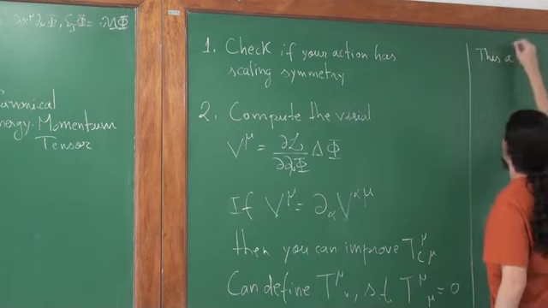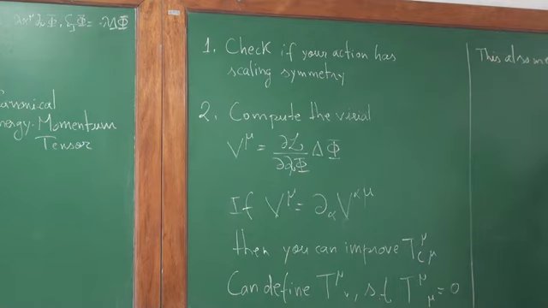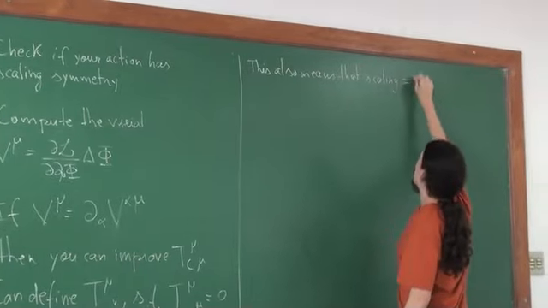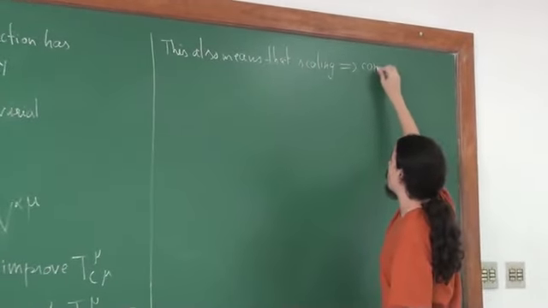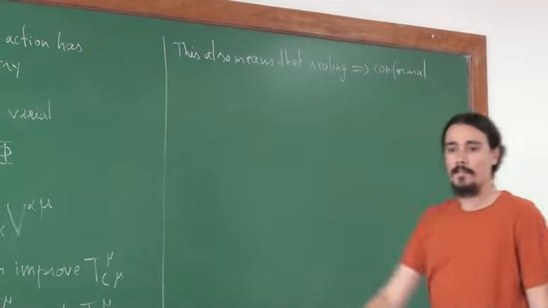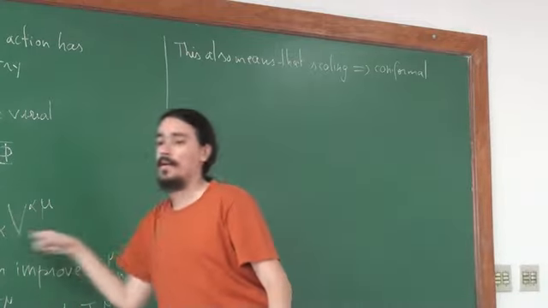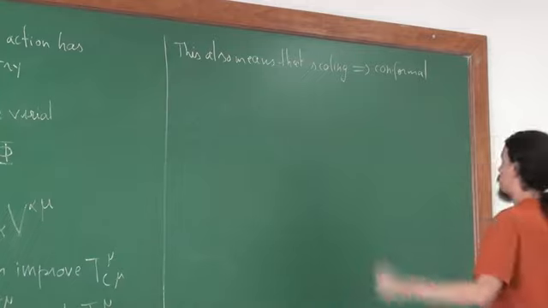This also means that scaling symmetry implies the full conformal symmetry, if you can indeed write the virial as a divergence of some other tensor.